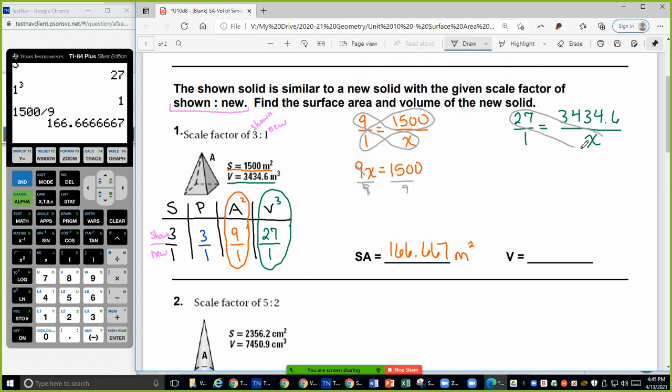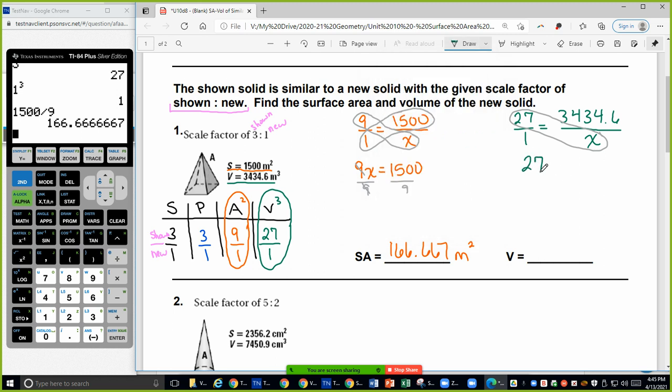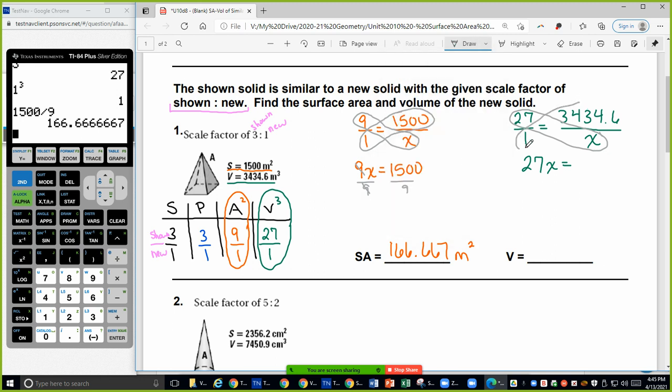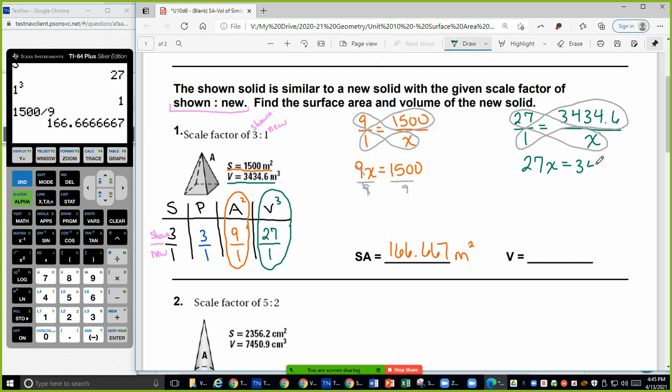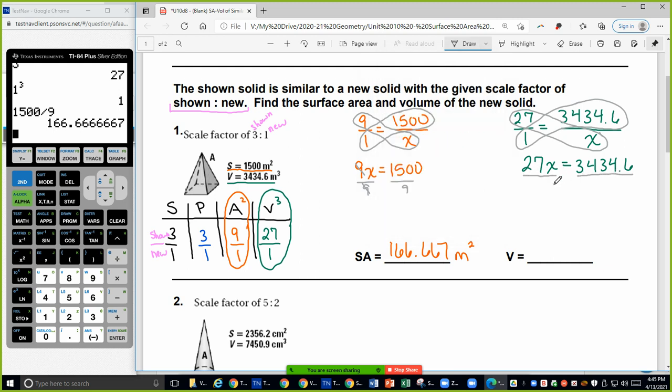X times 27 is 27x equals 1 times 3,434.6. When you multiply by 1, it doesn't change it, so it's still 3,434.6. To get rid of that 27, I want to divide on both sides by 27.